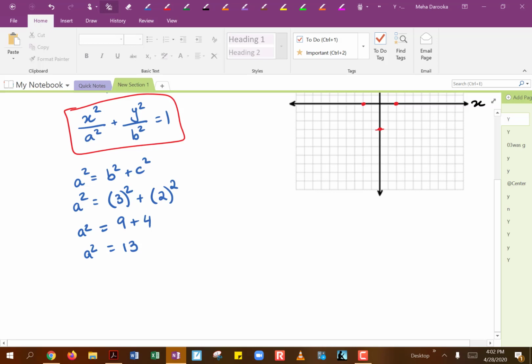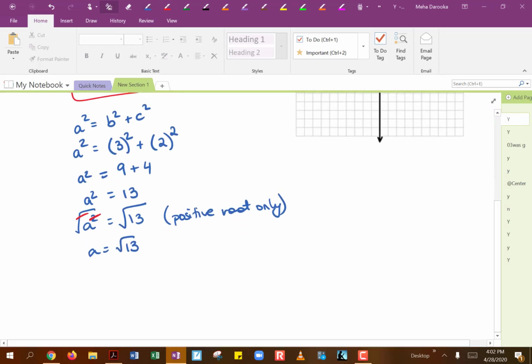And since we are only looking at positive values over here, when we take our square root on both sides, we're only interested in the positive root. So you will end up getting a equals square root of 13.